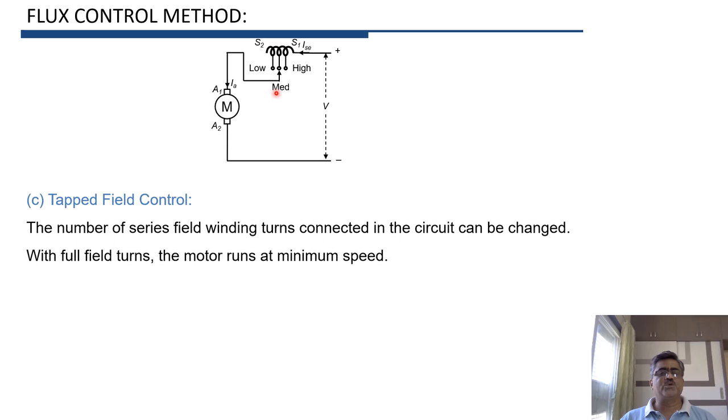If the switch position is changed, a few series field winding turns will be out of the armature circuit, and the number of field winding turns in series with the armature will reduce, so flux will reduce and speed will increase, so we will get medium speed.